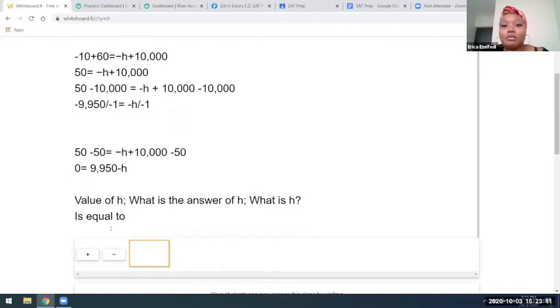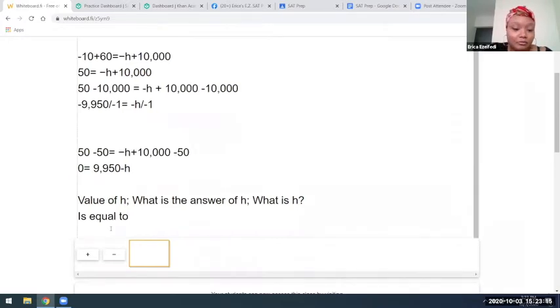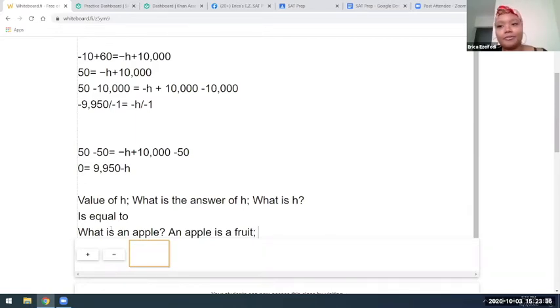So what is an apple? An apple is a fruit. So if I wanted to translate what is an apple, an apple is a fruit, that's the regular way we speak. How do I make that into a math term? How do I make that more mathy?